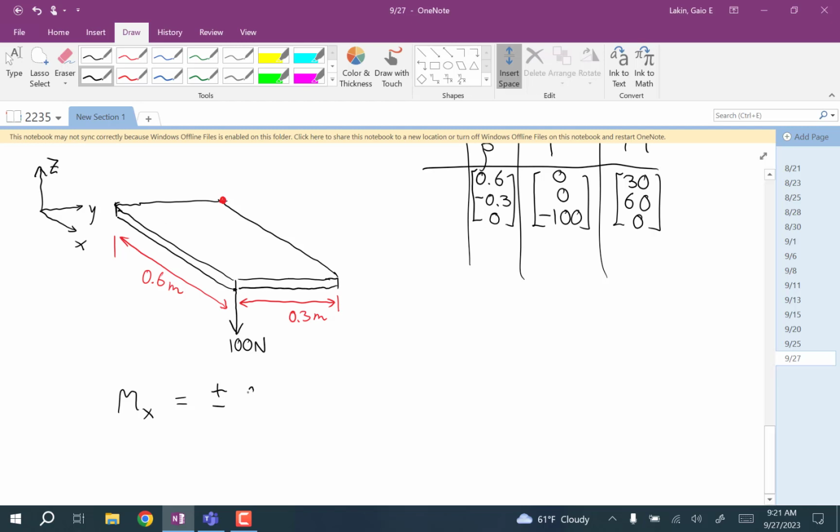That's right. Times 100. And would that make it rotate clockwise? Well, now we have to think in terms of the right-hand rule. Would this force make it rotate in the positive x direction or the negative x direction? Positive. So we want the positive here. So this is 30.